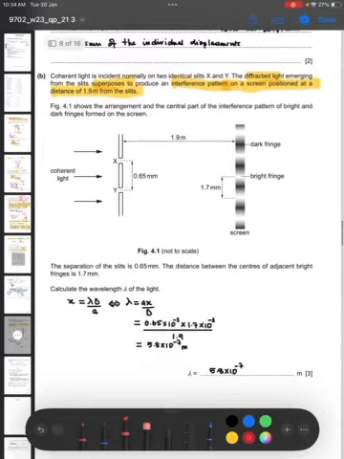Okay, so the separation of the slits is 0.65 millimeters. I think this is clearly written here. The distance between the centers of adjacent bright fringes is 1.7 millimeters.